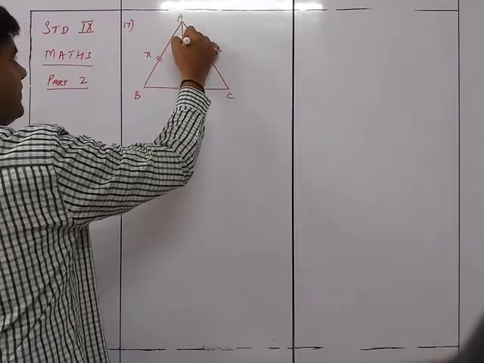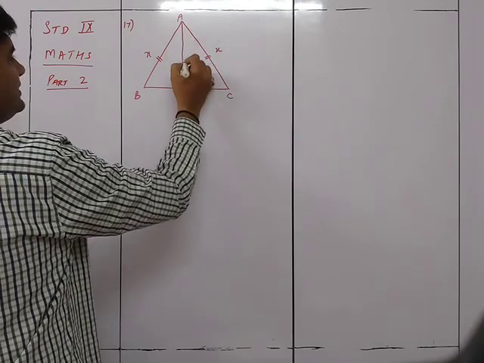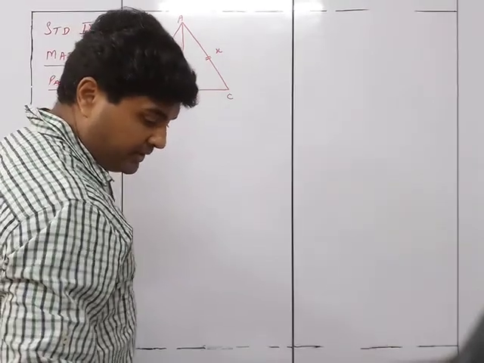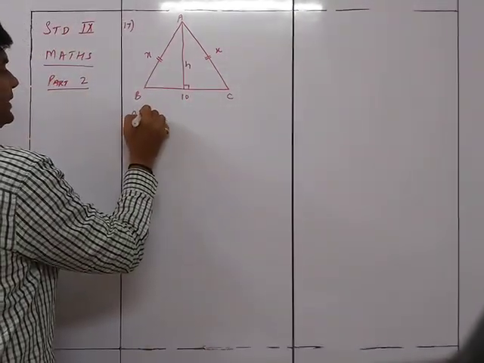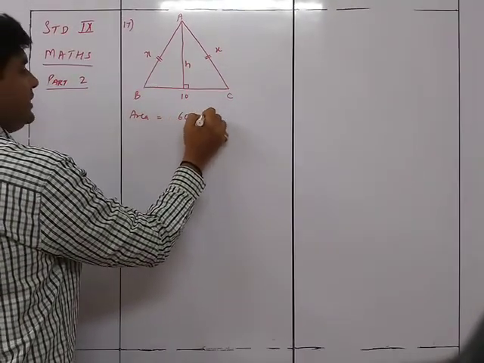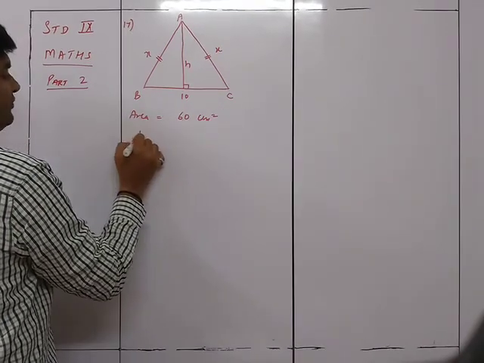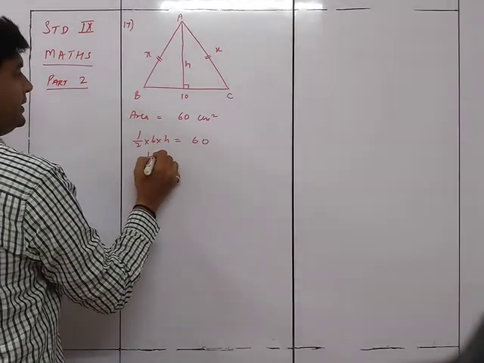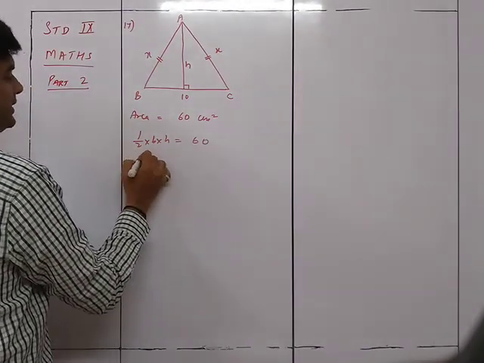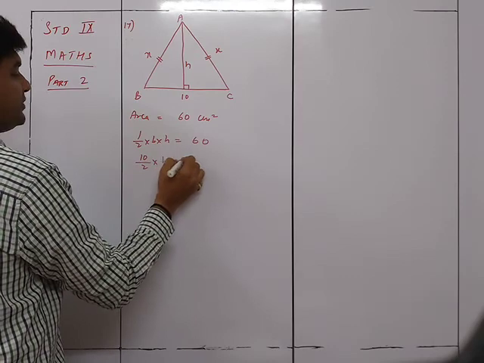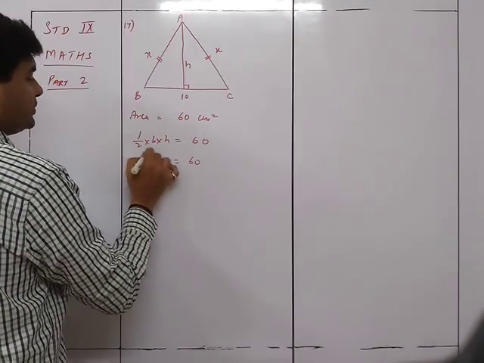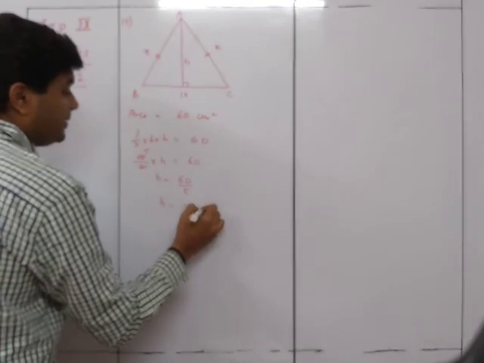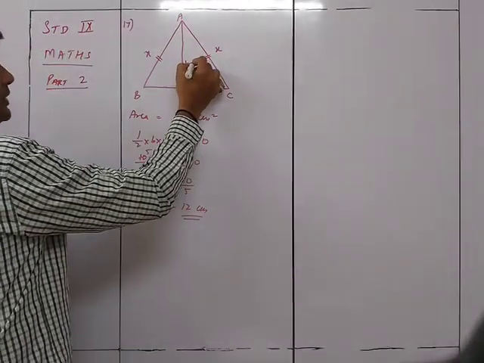When I draw a perpendicular over here, this is the height H. It's given that the area is 60 centimeter square. So half into base into height is equal to 60. Base is 10, so 10 upon 2 into height is equal to 60. So height is 60 upon 5. So H is equal to 12 centimeters.